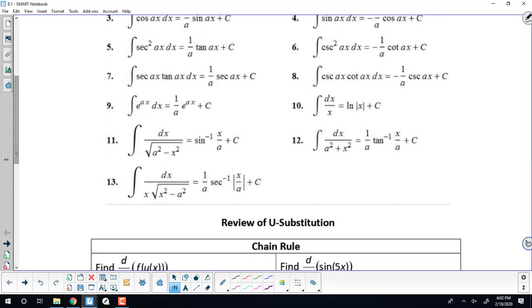Really these two here, 11 and 12, they're really common integrals, antiderivatives. So you should definitely know those as well. Inverse secant is not as common as inverse sine and inverse tangent, but as we'll see when we get into chapter 8.4, if you don't remember these, you can't.